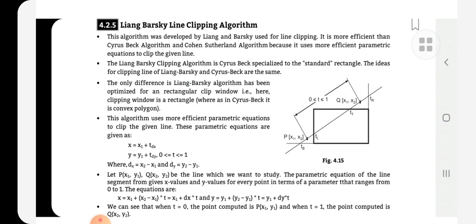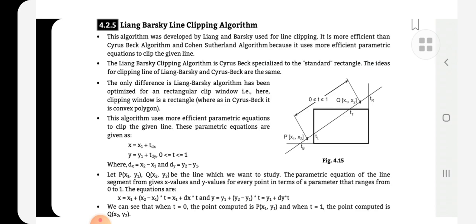This algorithm uses more efficient parametric equations to clip the given line. These parametric equations are x = x1 + t dx and y = y1 + t dy, where 0 <= t <= 1.